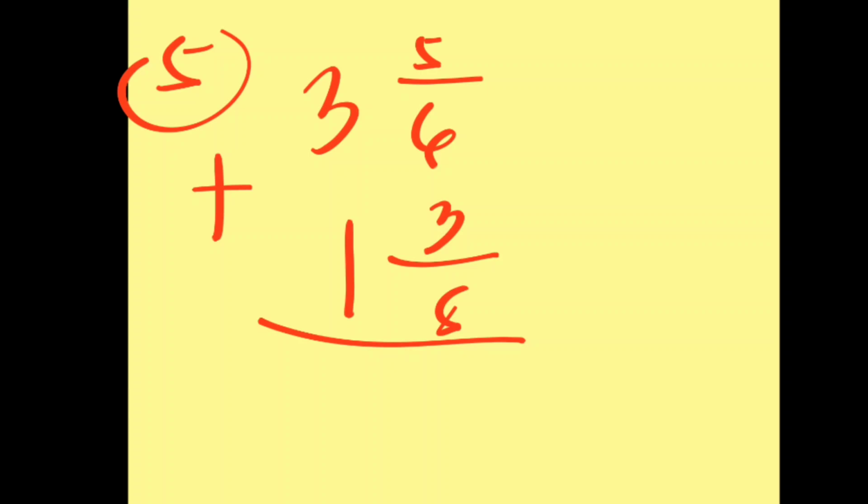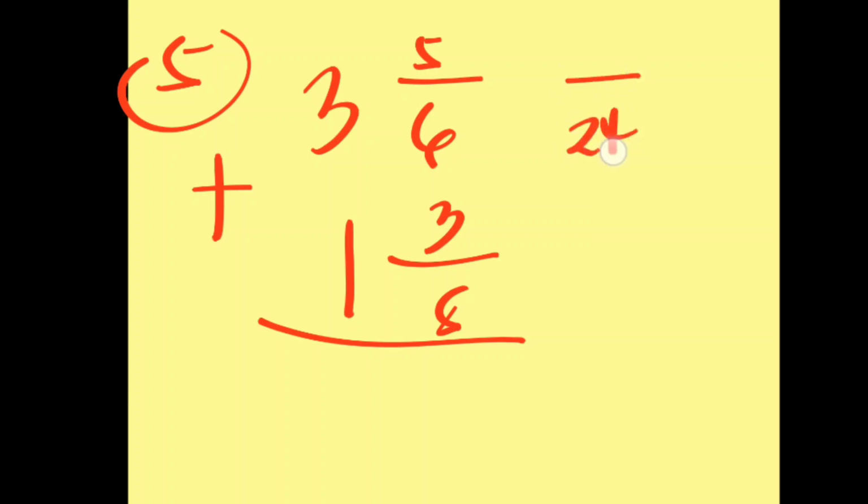First, again, since we have different denominators, you have to find the LCD. The LCD of 6 and 8 is 24.